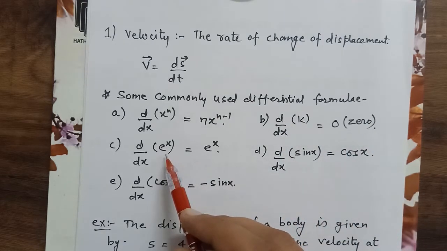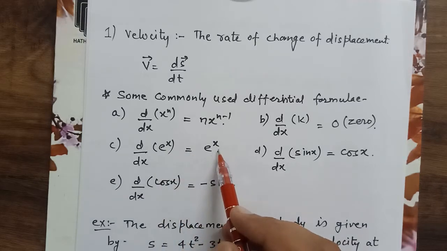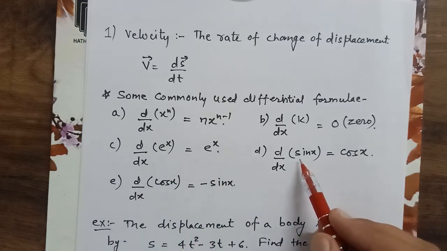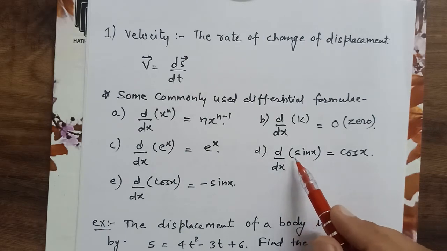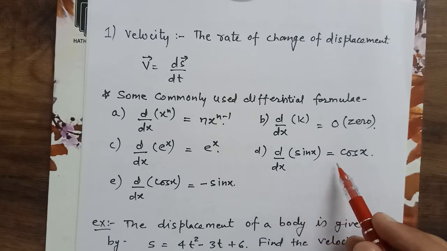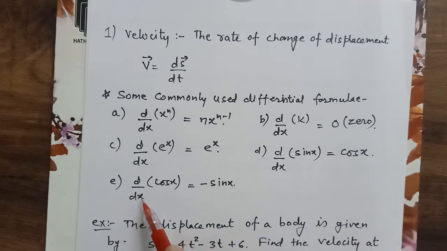The third one is the exponential expression. If the motion is described in an exponential form, then it will be e to the power x. Next is sin x, as in simple harmonic motion. d by dx of sin x is cos x, and for cos x it is negative sin x.